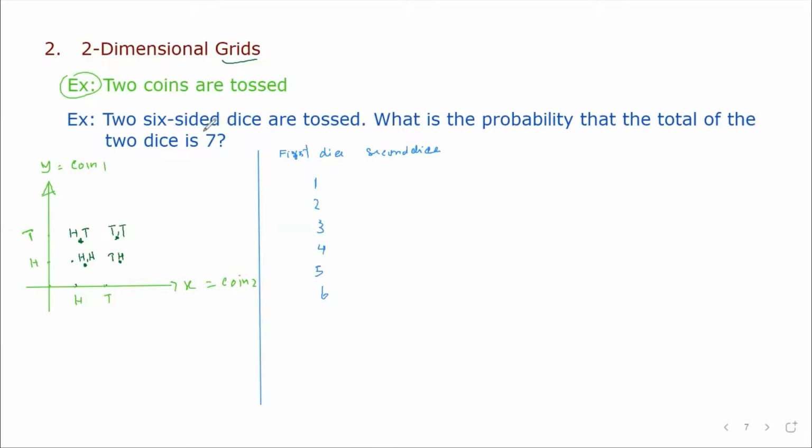If you want the total of the two dice to equal 7, the second one should be 6, right? And then this one should be 5 because 2 plus 5 becomes 7, and this one 4, 3, 7, 4, 3, 7, and 5, 2, and 6, 1. So you can do it by a table like this.